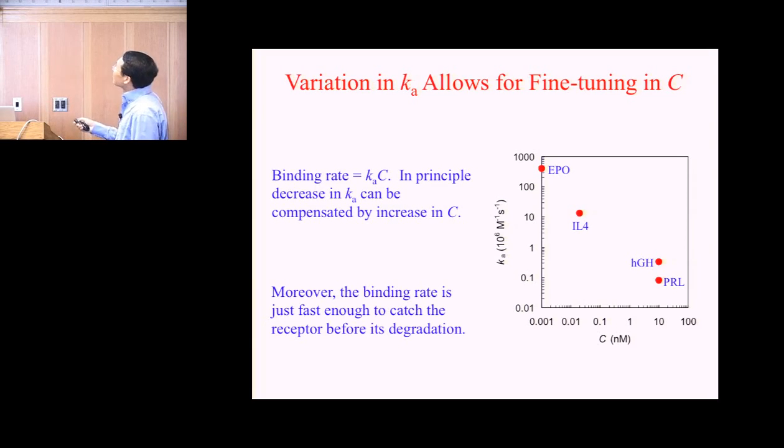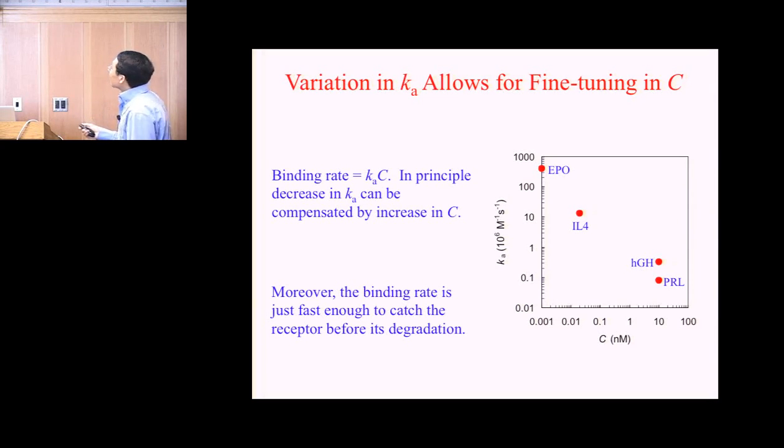So this rate constant is basically tuned so that it's fast enough to escape before the receptor is degraded, and it's achieved by compensatory changes of the rate constant and the circulation concentration. So therefore, the change of rate constants allows for the variation in the circulation concentration. That's basically the best explanation that we come up with.